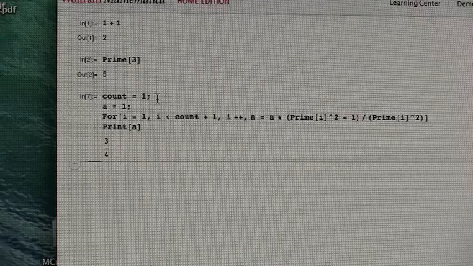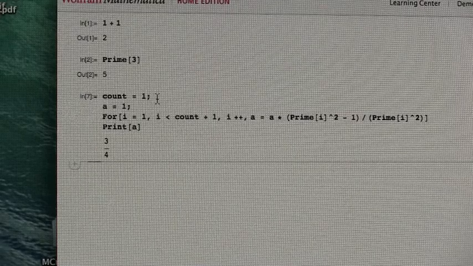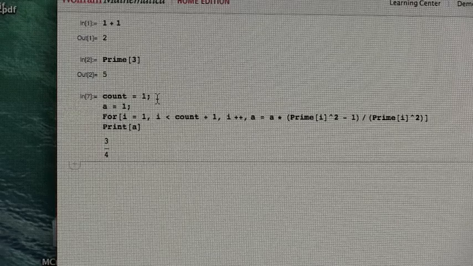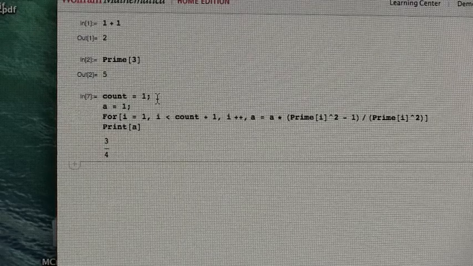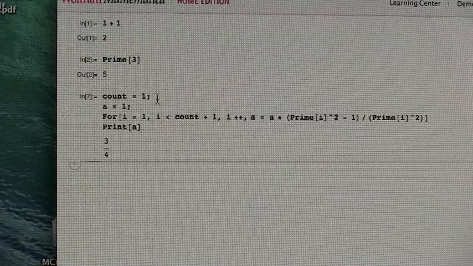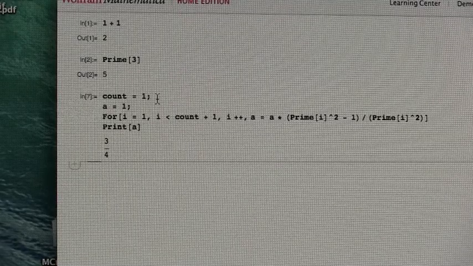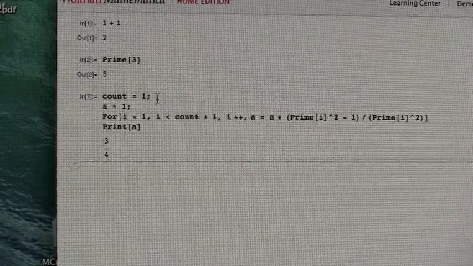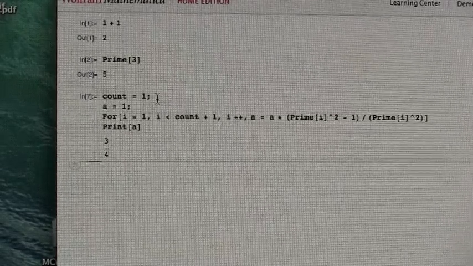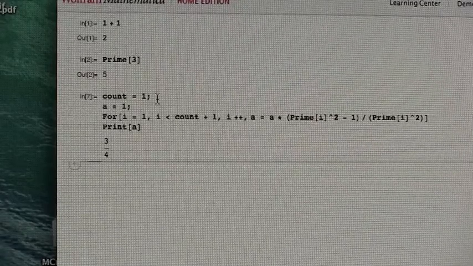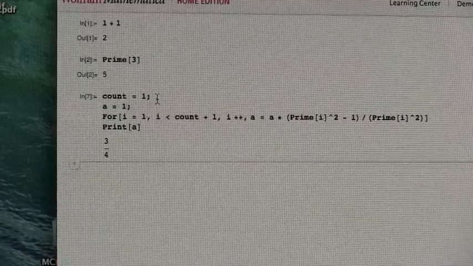What was the first product? It was the ones that didn't have 2's. And what was that number? 3/4. What was the next one, for the ones that didn't have 3's? It was 8/9. And what about the next one? 24/25.